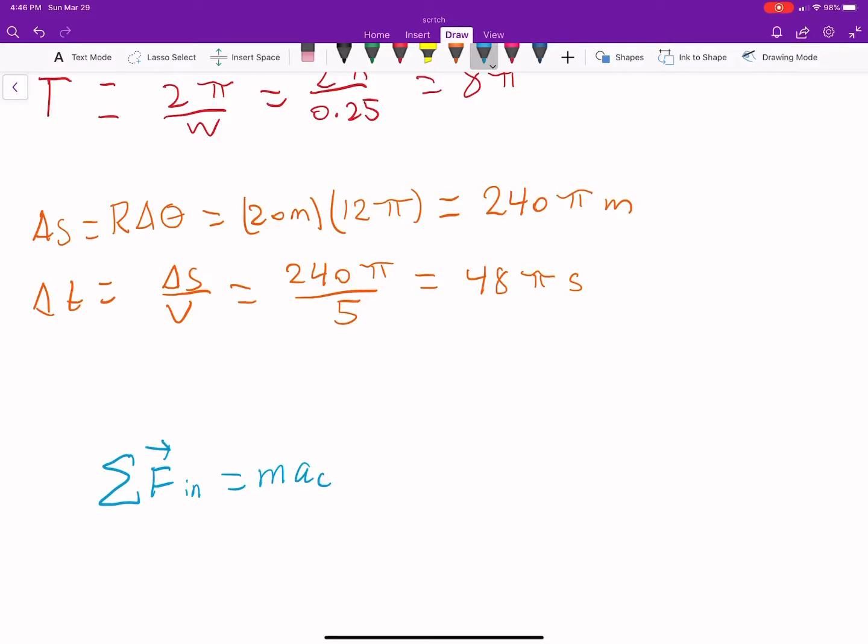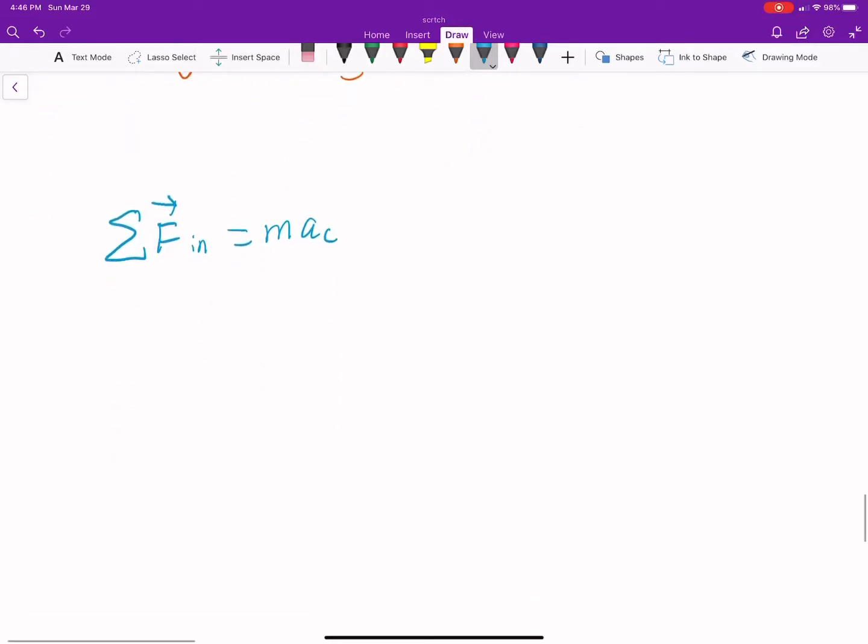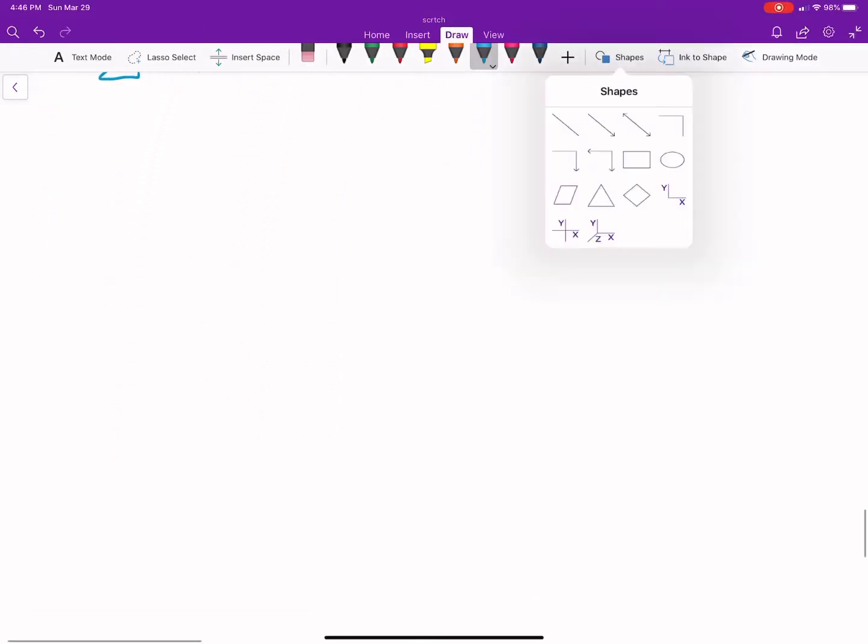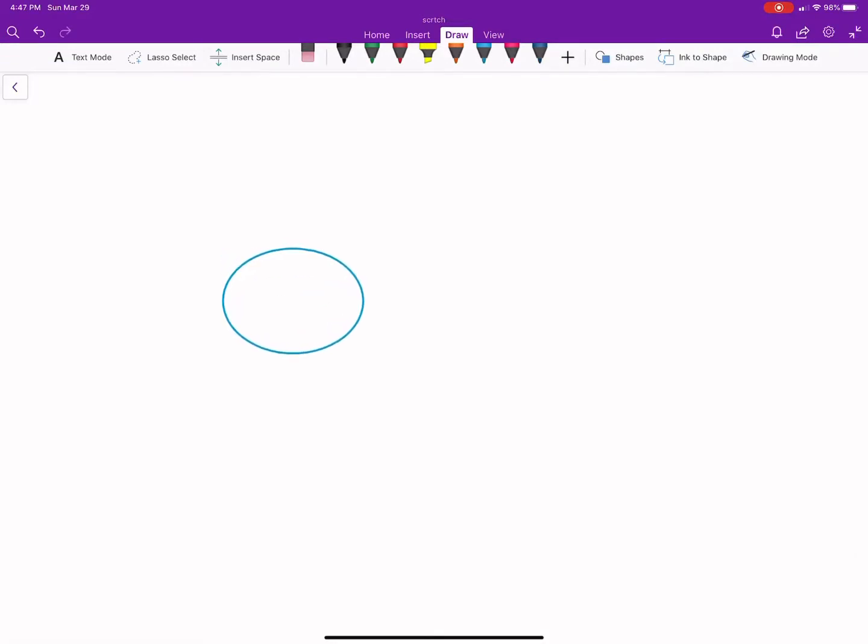So let's look at an example of a problem that will kind of force us to picture this a little bit better. So let's see if I can draw this. Let's start with just a good old circle. I'll do this blue. So this would be like the top-down path.